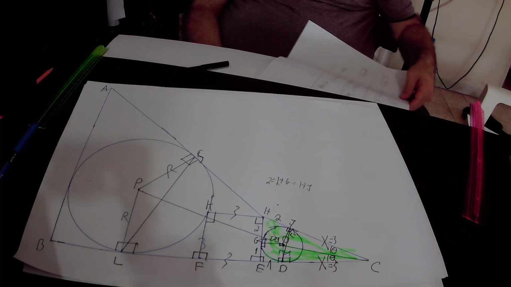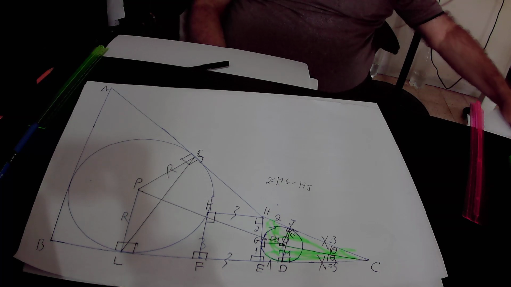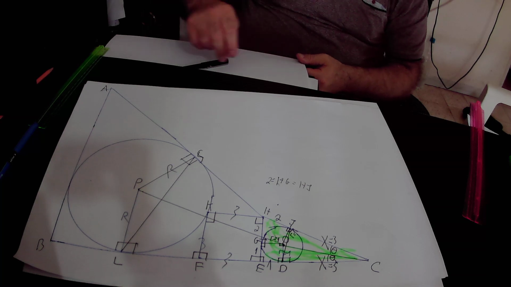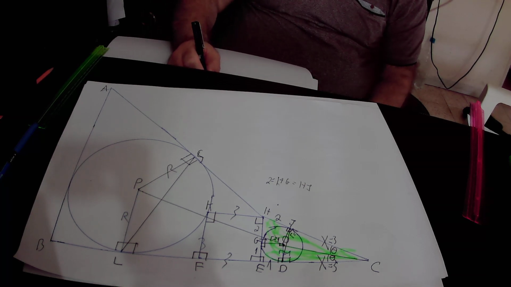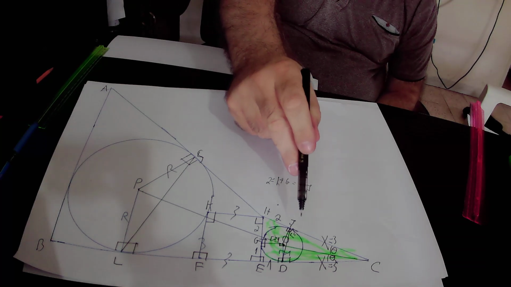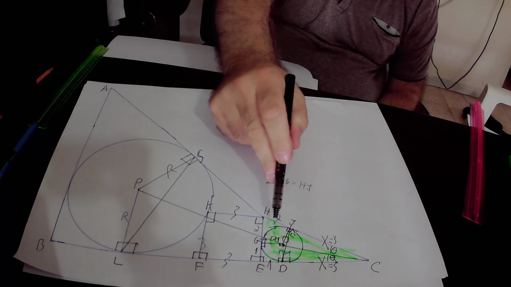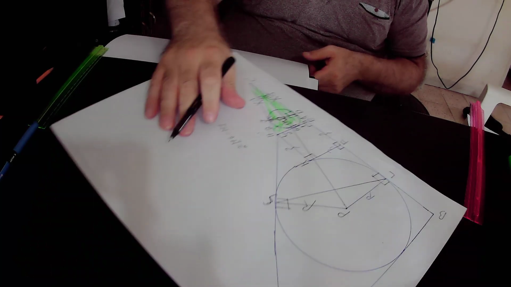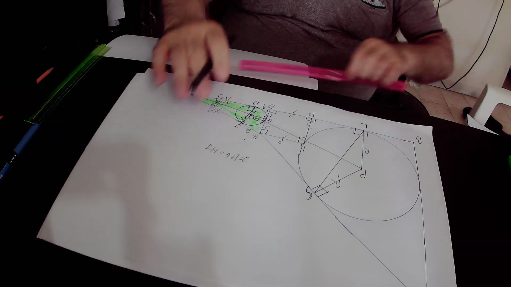So if CO doesn't pass through point P, then we will have here angle DCO that is equal to theta.